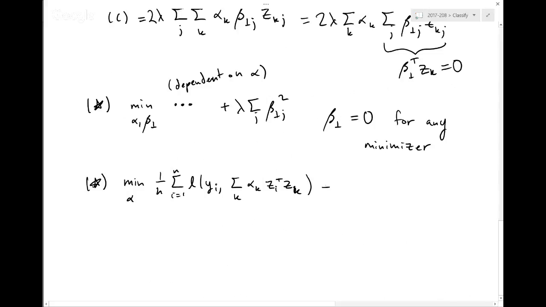This is the loss term, plus now lambda, we have our sum over j, sum over k, alpha k, z k j, this whole thing squared.